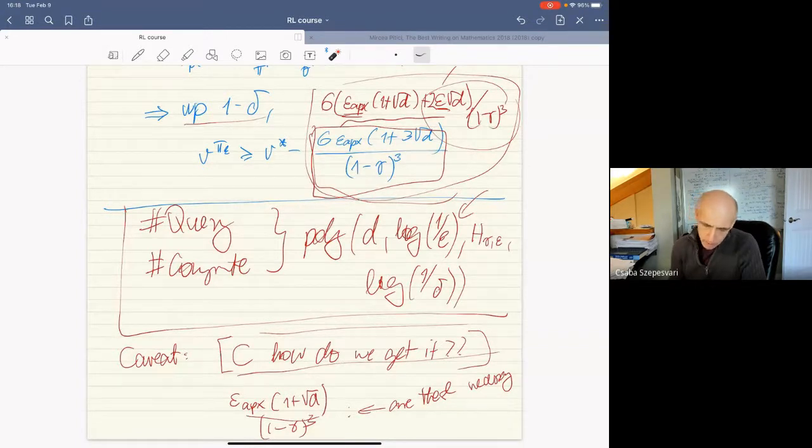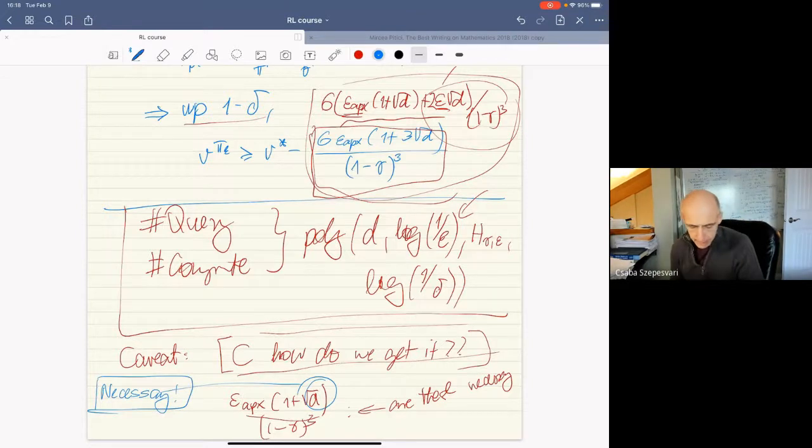So now I want to argue that this is necessary, in the sense that if you want to keep your query complexity polynomial in the relevant quantities, then you can't reduce this unless you have a very special feature map.